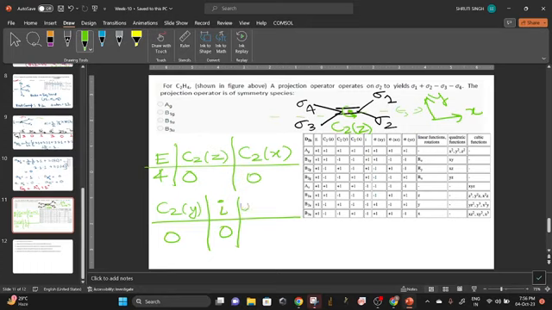Then sigma XY, this is the molecular plane, so 4. Then sigma XZ: 0.